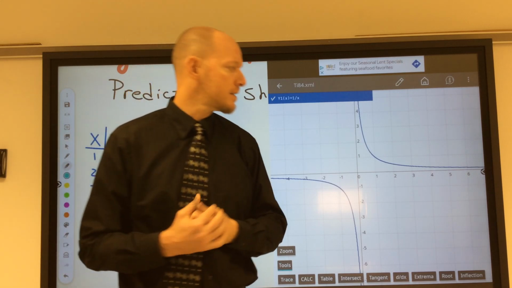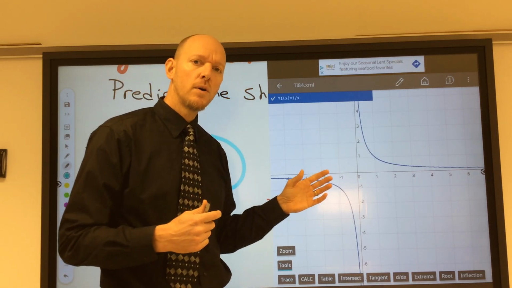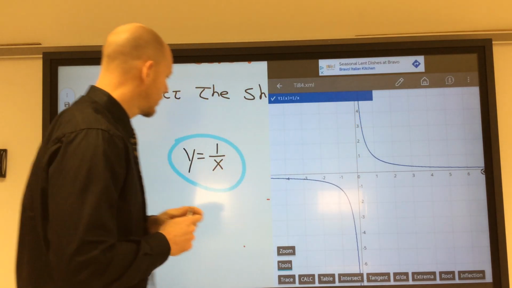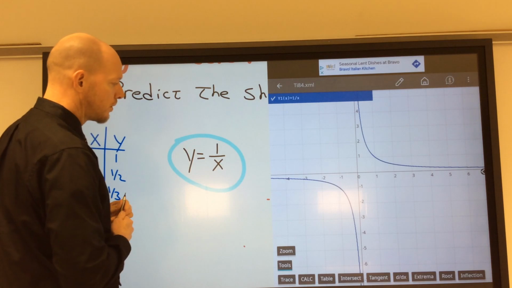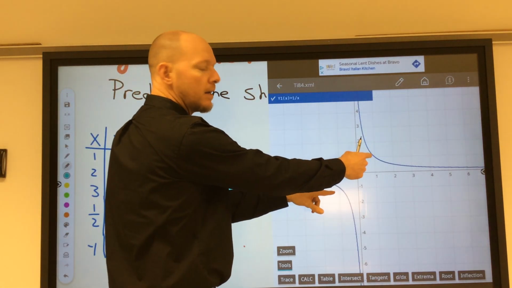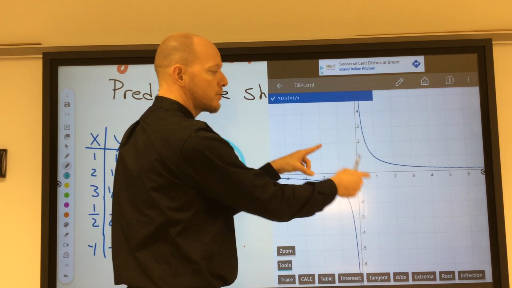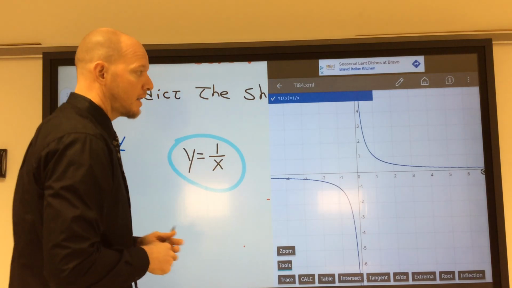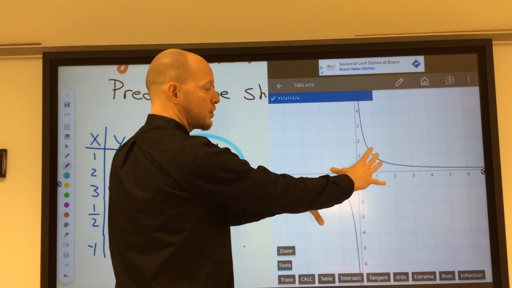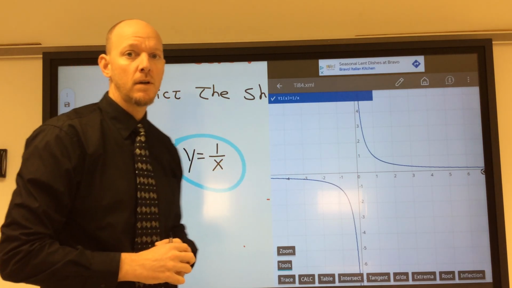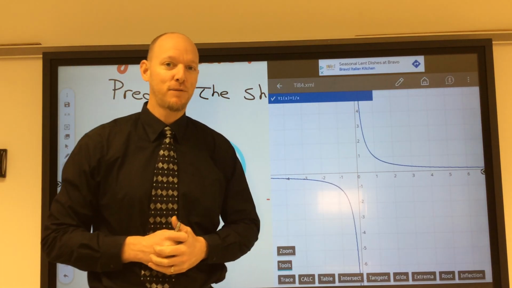But now the question is, well, can we shift this graph? Or in other words, what would I have to do to this equation in order to get this graph to appear in quadrants 2 and 4? Or better yet, how can I take this graph and shift it to the left 3 and up 1? Well, I guess you're going to have to tune into the next video to get that answer.